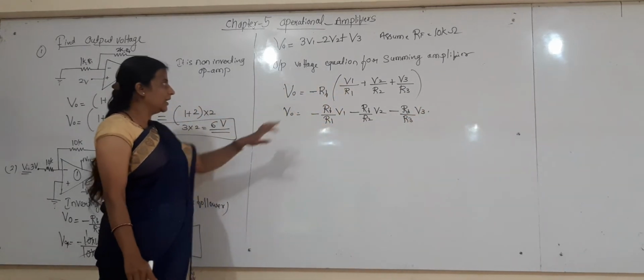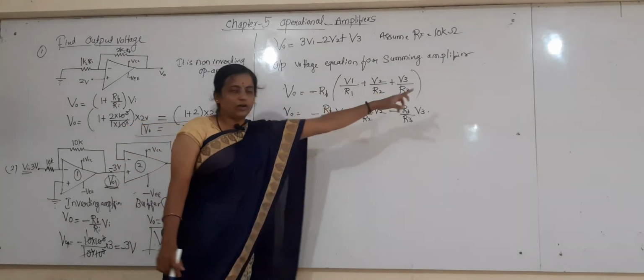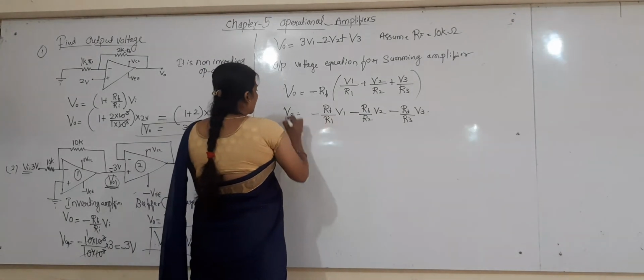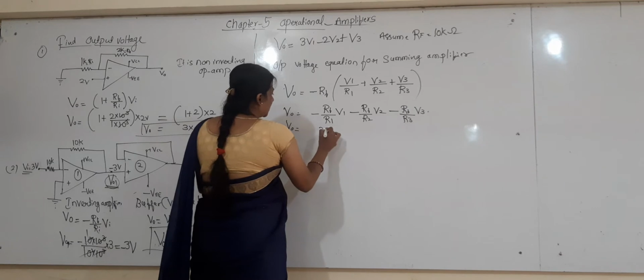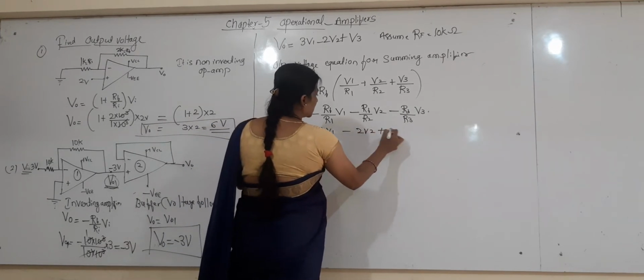So this is the same equation, we have multiplied RF with all terms. Next, comparing this with our given voltage, V0 is equal to 3V1 minus 2V2 plus V3.